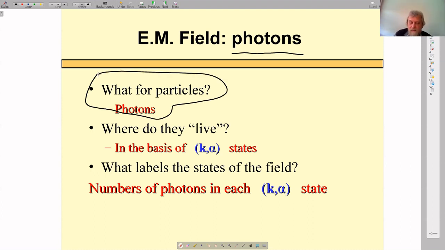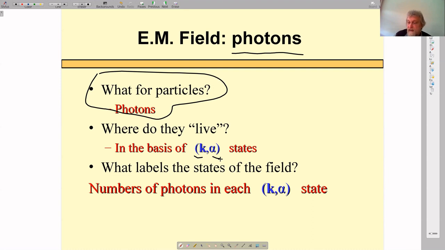Where do they live? What are the bases of quantum states of a photon? They live in the basis of wave vector and polarization. You remember polarization: for each wave vector we have two waves of two possible polarizations.